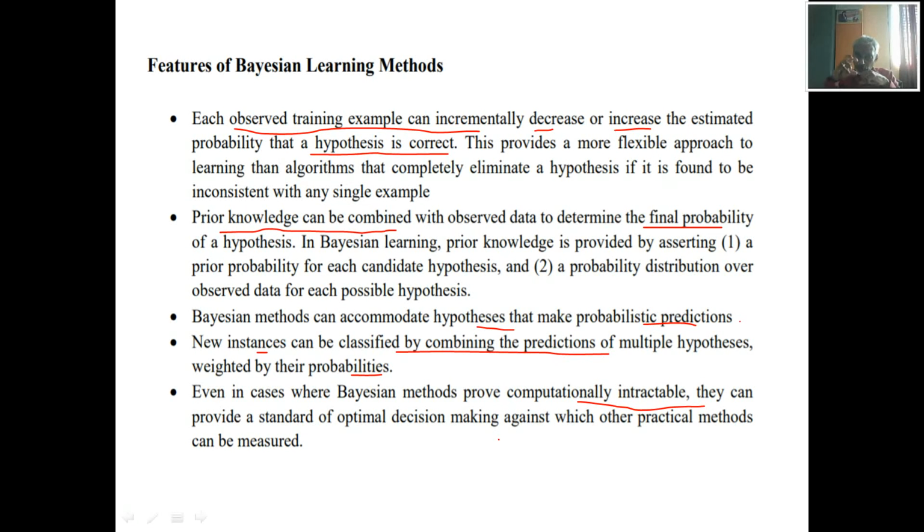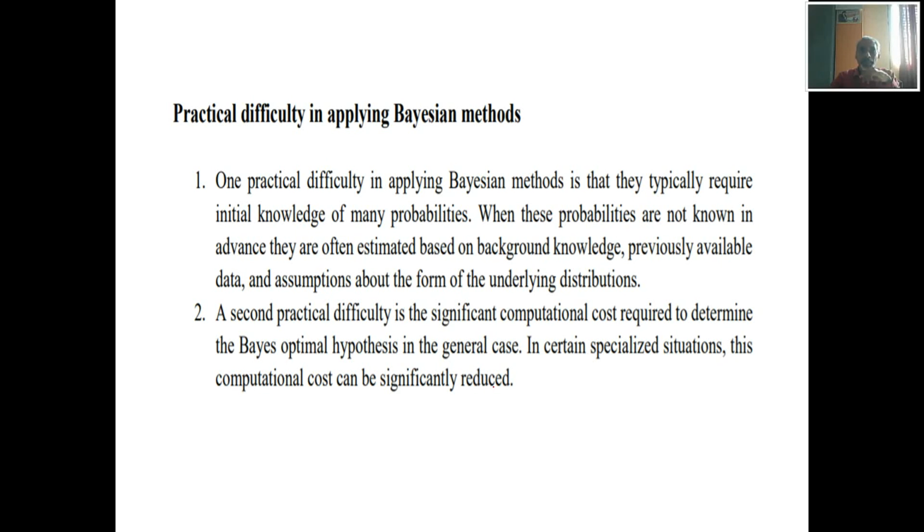Even so, the Bayesian methods provide a standard for taking an optimal decision. Compared to other practical methods, even though a lot of calculations and time are required, the Bayesian methods prove to be a better way to make decisions for a lot of practical examples.